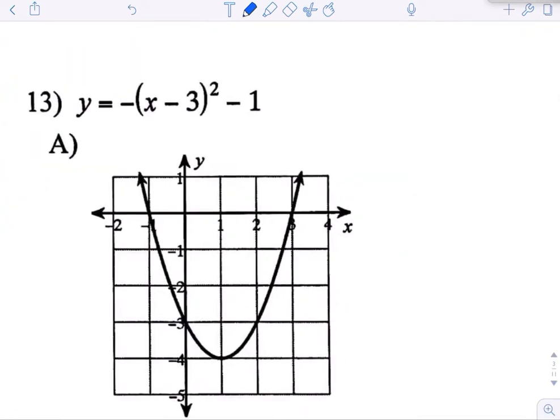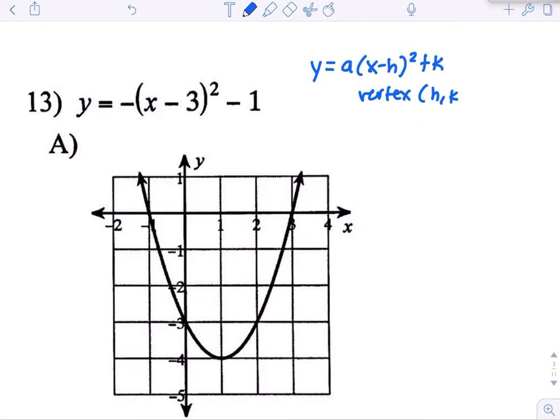Okay, 13. Now, this has vertex form, okay, you guys? So this is what vertex form looks like. Your guys' vertex is this. Now notice that this is a positive h, right? In this formula, you just have to take that h value. So even though that says minus h, remember that this is just h.